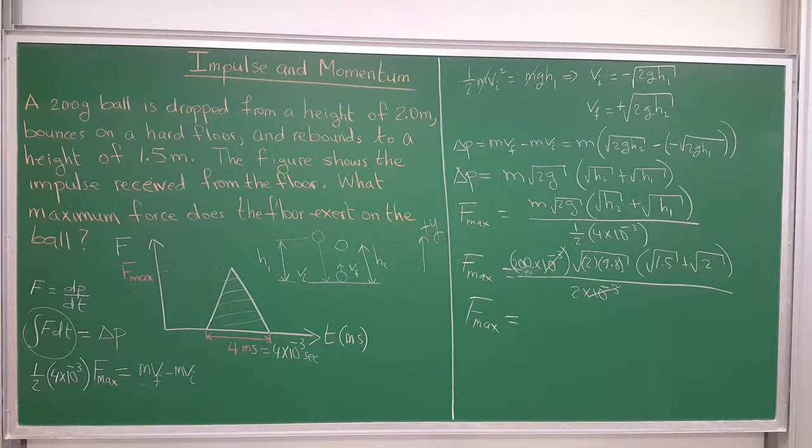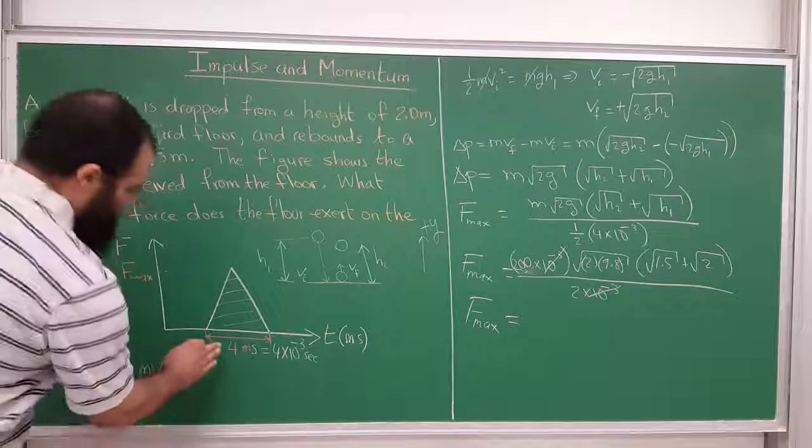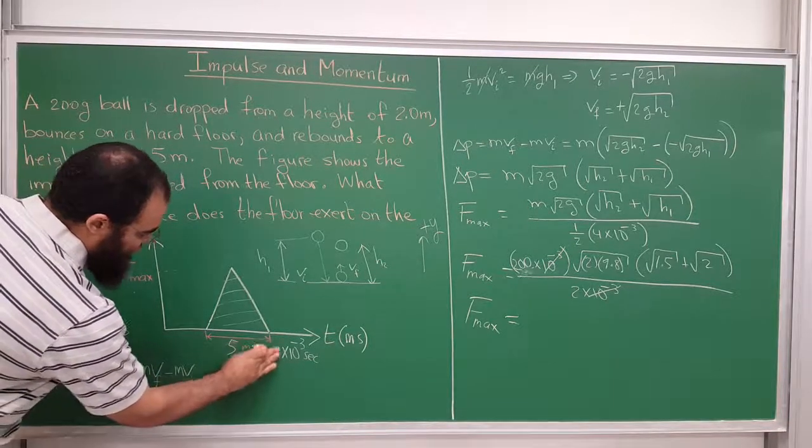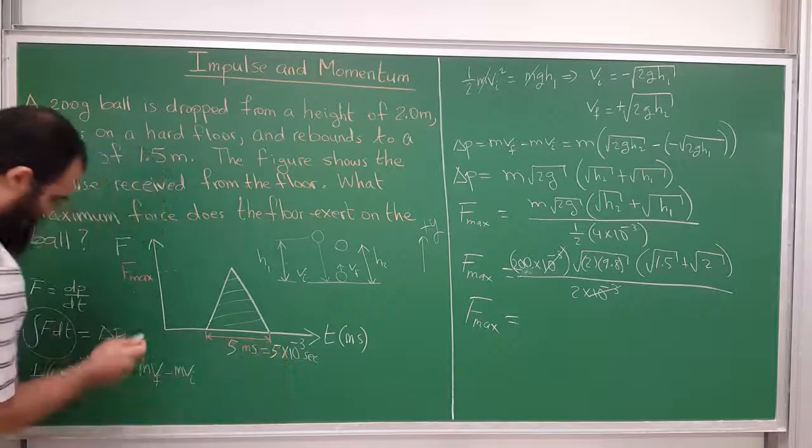Okay, I thought I made a mistake, but I actually didn't. Just the book has here 5 milliseconds instead of 4. So this is 5. Let me just stick with their problem.